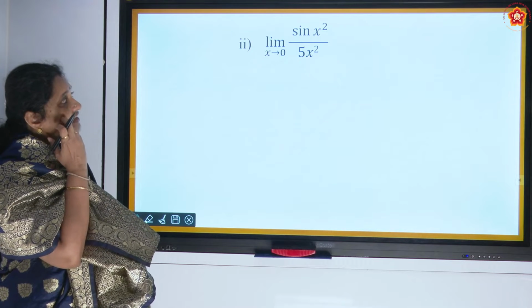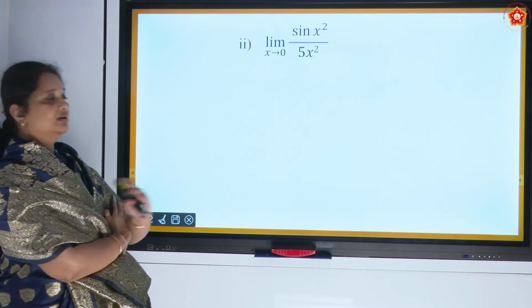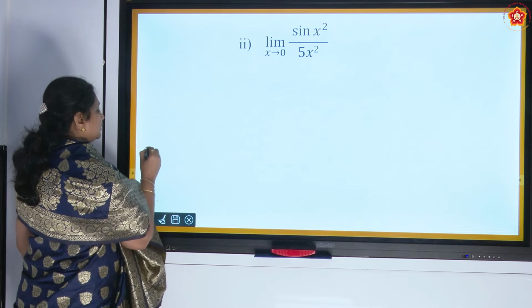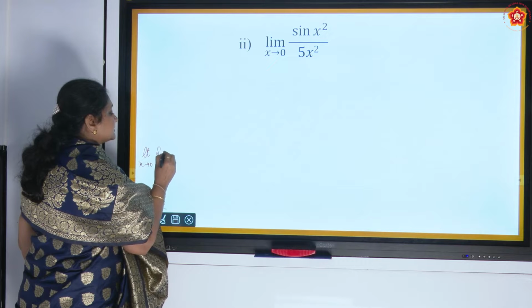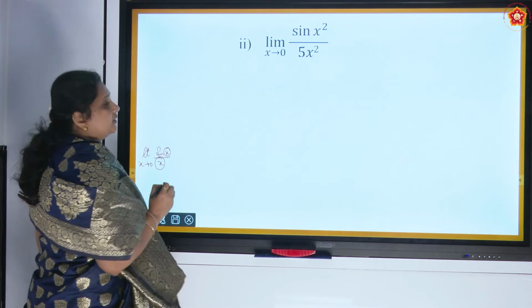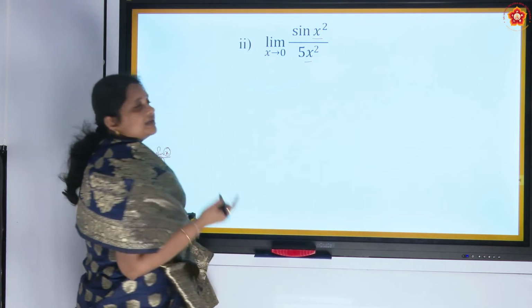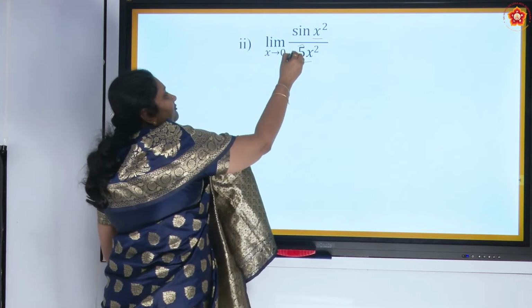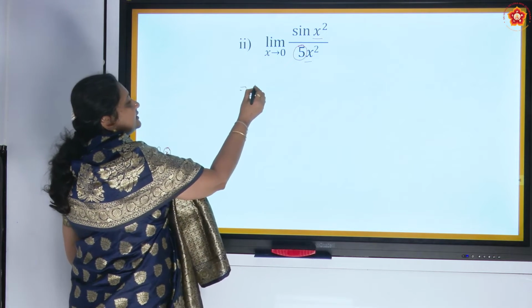Okay. Now it says limit x tending to 0, sine x square by 5x square. So what's the formula that we know? Limit x tending to 0, sine x by x. So whatever angle value is here, the same value should be there on the denominator. I can see that. But there's one extra, that's my 5. It's a constant coefficient. I can easily take that out.